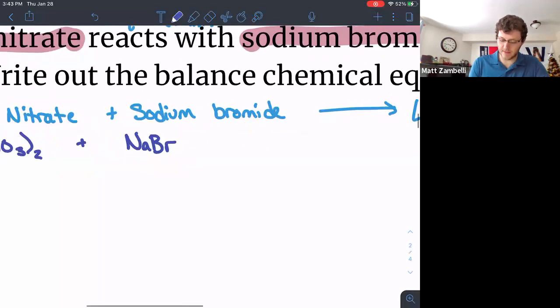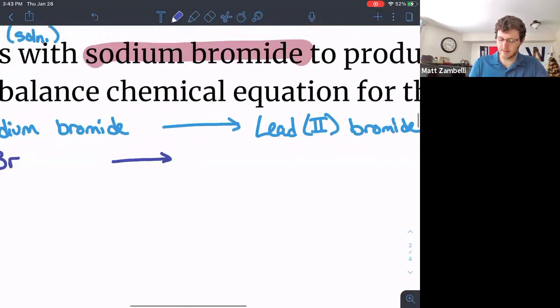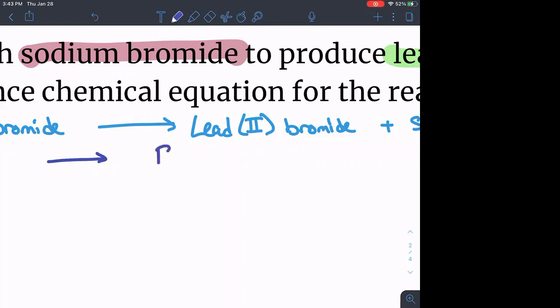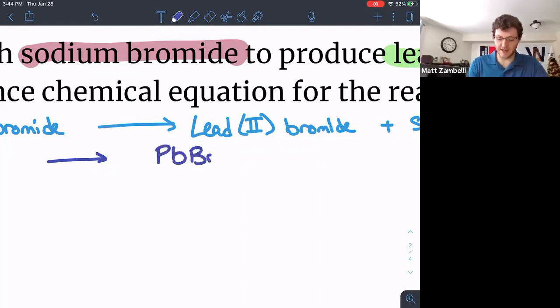And then it yields or makes lead 2 bromide. Who's got that one for me? Is it PbBr2? It is, nice job.